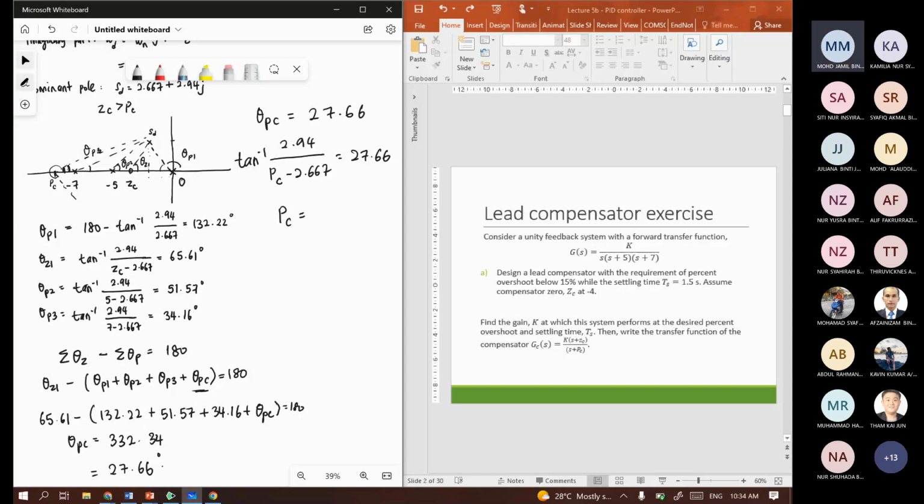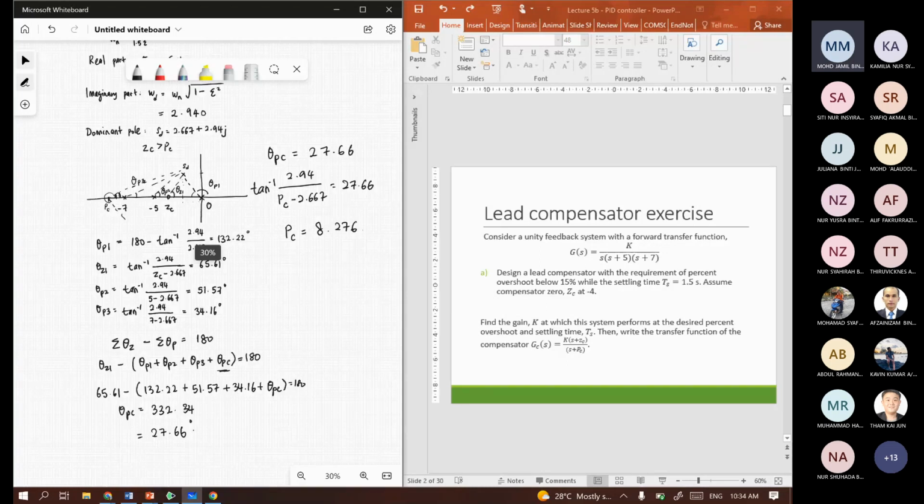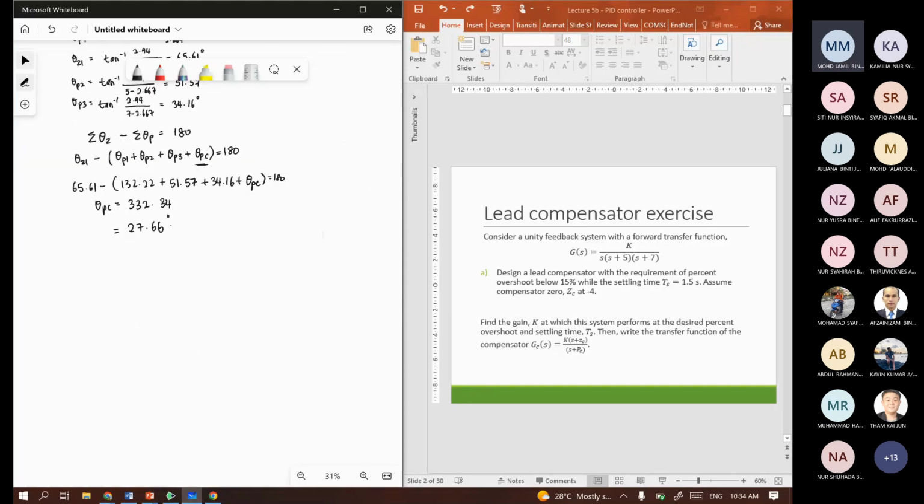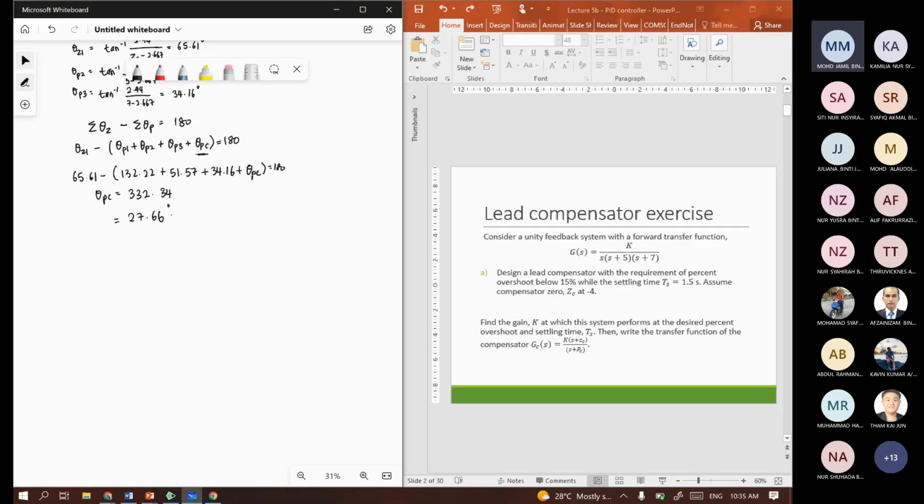So PC is about 8.276. After you get PC, then you can write down the compensator transfer function. So we get Zc equals -4 and Pc is 8.276.